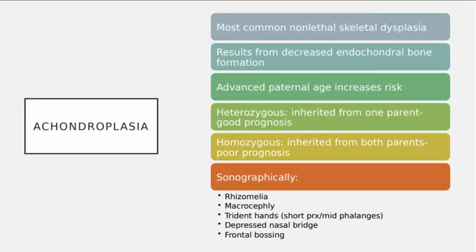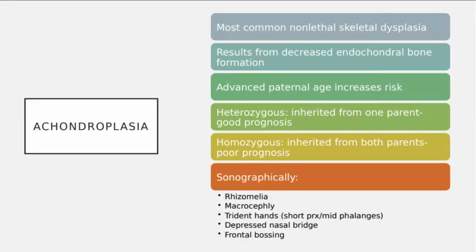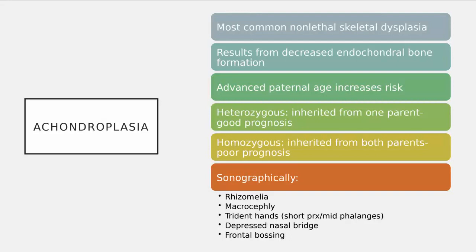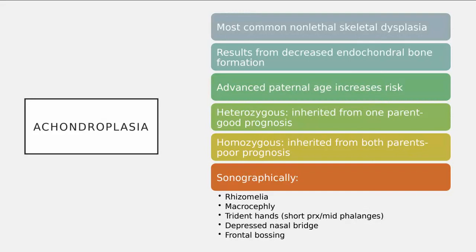And then it is going to be a genetic thing. So we can have, again, guys, genetics, DNA, all of that stuff. Not in my wheelhouse at all, but you can get this from either one parent or both parents. If you inherit this from one parent, it's a pretty good prognosis in terms of complications, versus if you get this from both parents, it's very strong genetics.